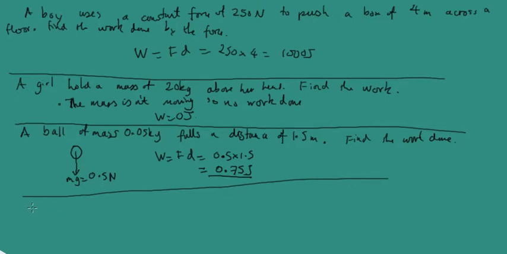Now, in this situation, the weight is falling, the mass is falling down by the weight of the object. So when an object falls by the weight, this is referred to as work done by gravity.